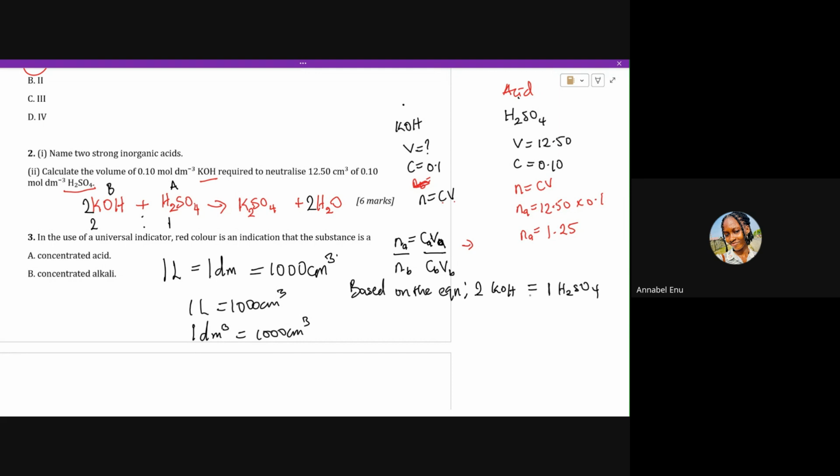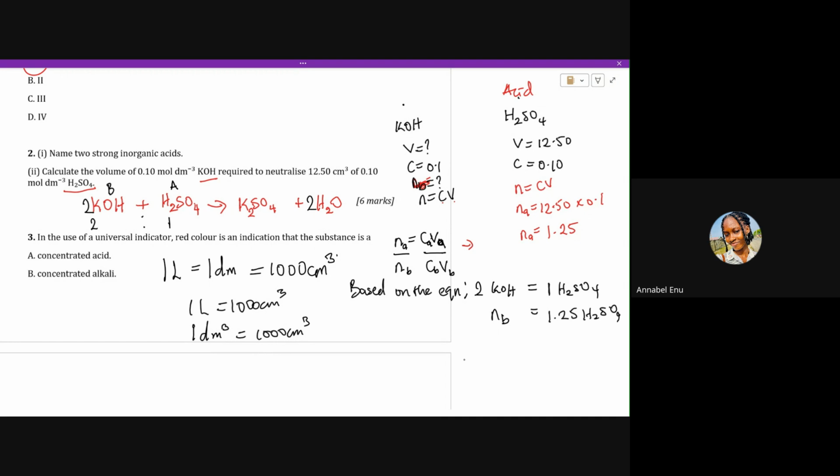So therefore, how many KOH? Because we are looking for the number of moles, NB, number of moles of KOH that we don't know. So we are relating the coefficient of the equation to the number of moles so that we'll get the unknown number of moles. How many KOH will give us 1.25 H2SO4?